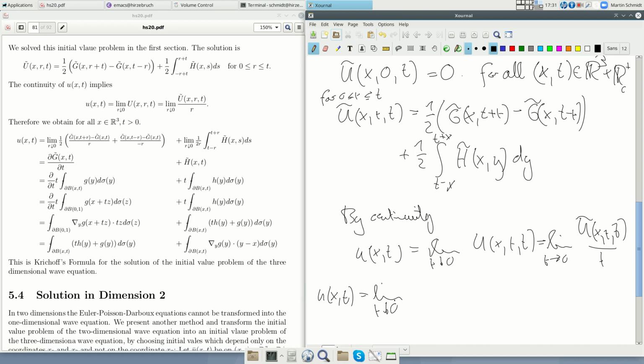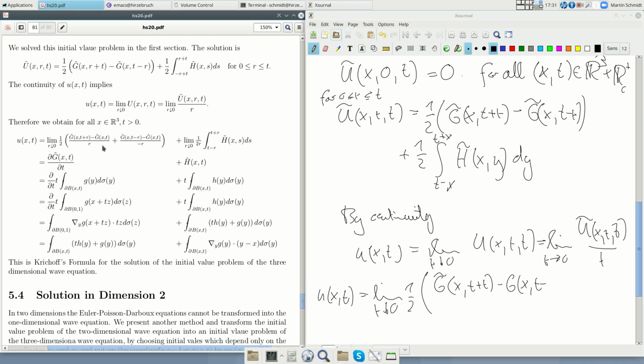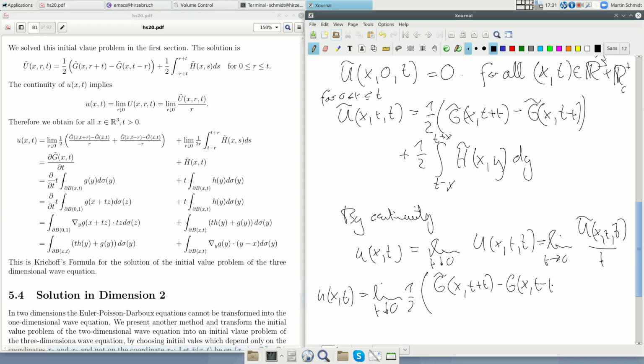Limit r going to 0 of 1/2 times g tilde of x, t plus r minus g tilde of x, t minus r, divided by r.